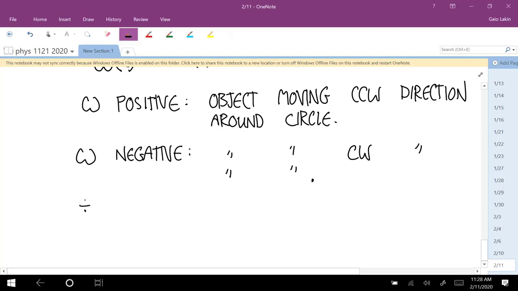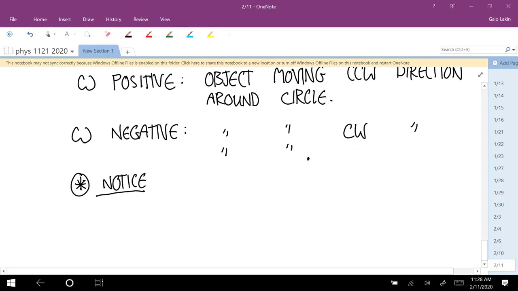One thing I want you to notice is that if you know the sign of omega, that's enough for you to know the direction of the velocity vector.